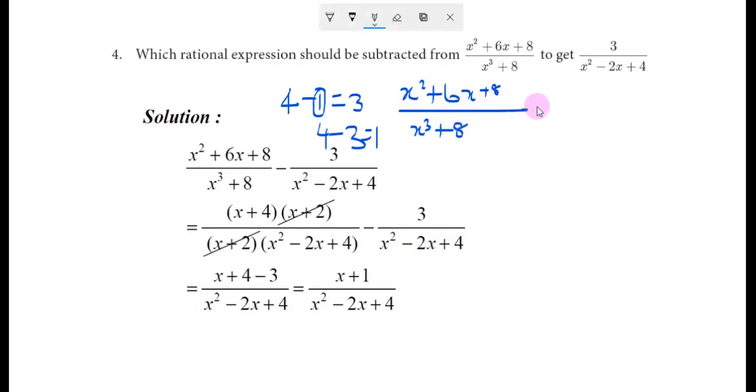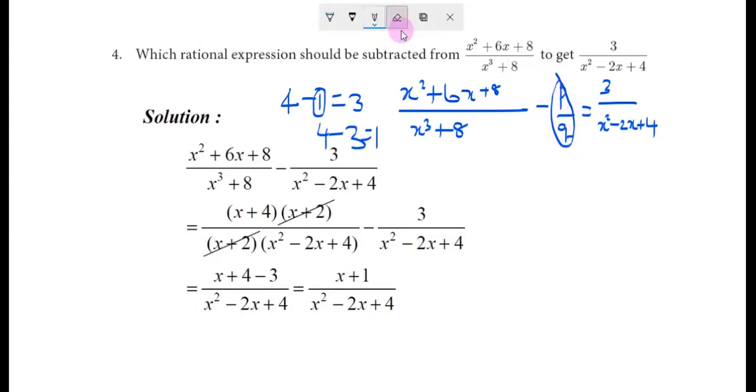That rational expression I consider as p by q. We should subtract one rational expression from this expression to get this expression, 3 by (x square minus 2x plus 4). So how can we get this p by q?